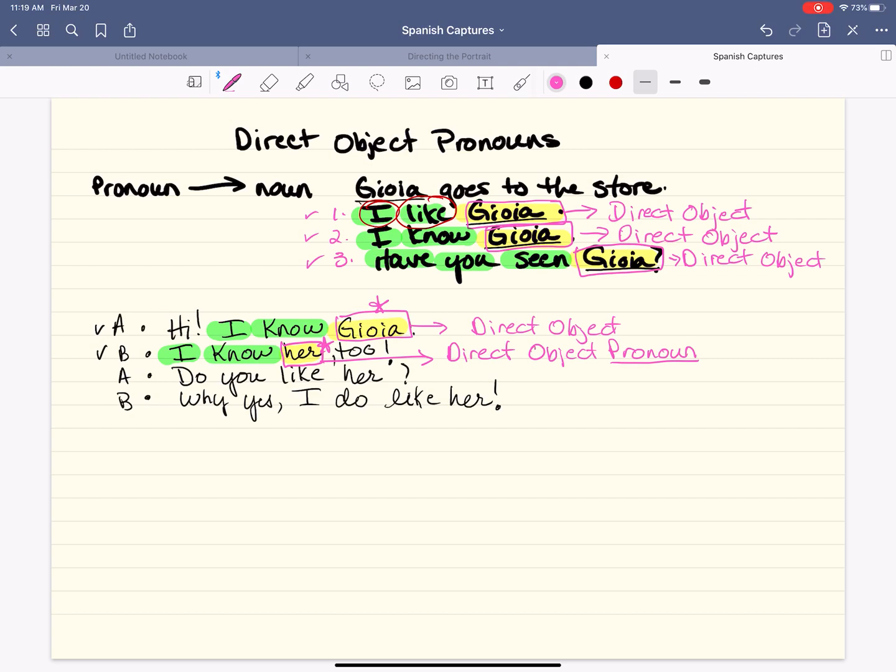Okay, going back to our little dialogue, person A then again says, do you like her? All right. Now, you are the subject of this sentence. You are doing the liking in English, okay?